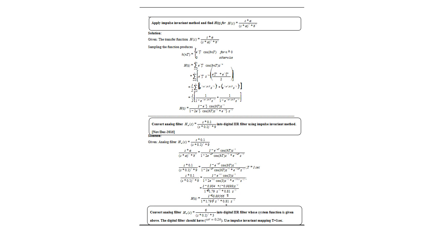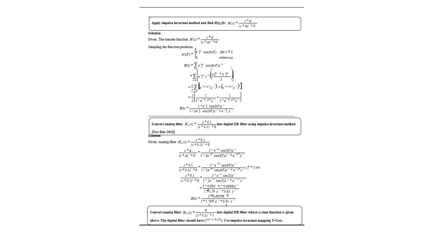So H(z) is the summation n equal to 0 to infinity of e^(-anT) cos(bnT) z^(-n). So that is the summation n equal to 0 to infinity of e^(-anT) z^(-n) times (e^(jbnT) + e^(-jbnT)) / 2.